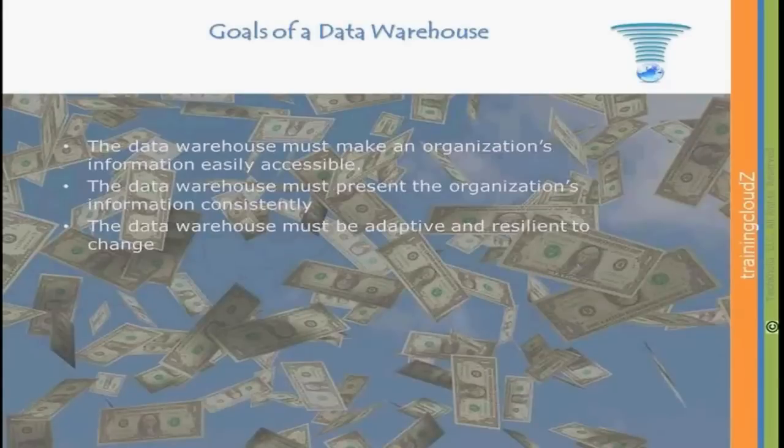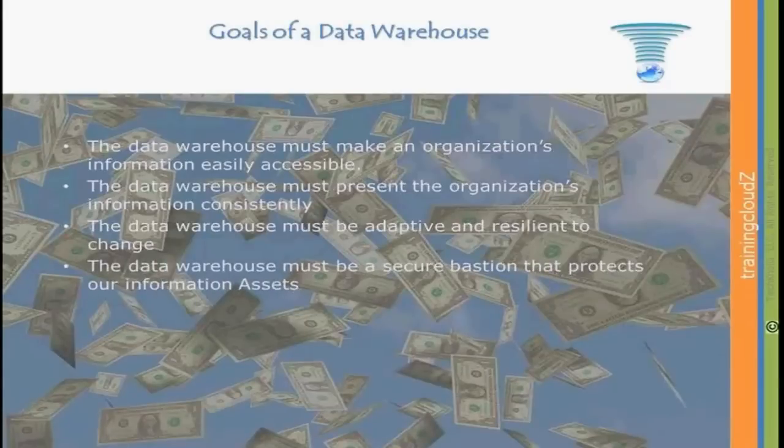So it should be adaptive and resilient to changes. A data warehouse must be a secure bastion that protects our information assets, which means your single family home lacks security, guys. You have to build a security system around it, or else people can loot you. An apartment home has security cameras and a Gurkha going around it, and you feel more secure.